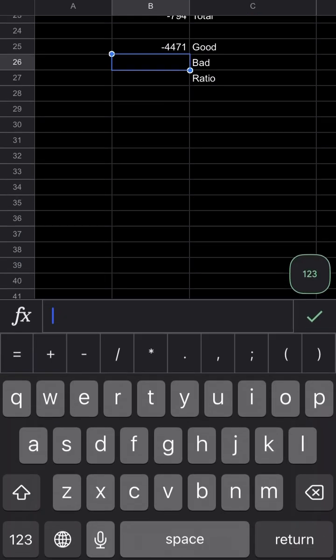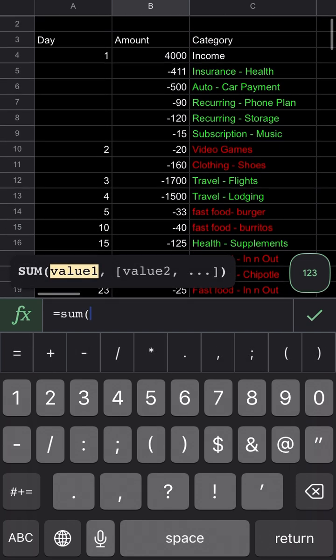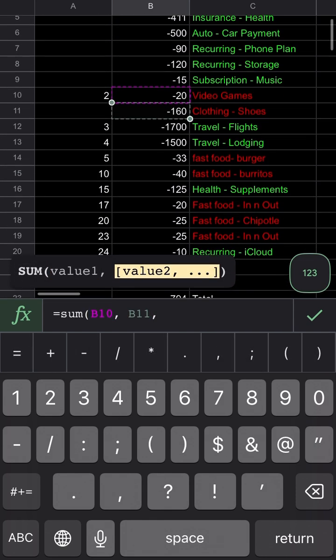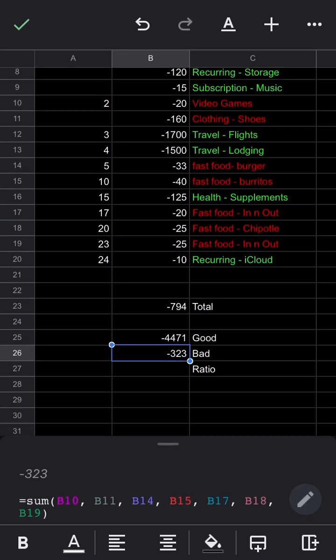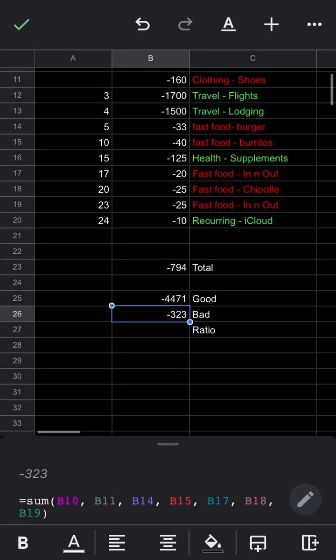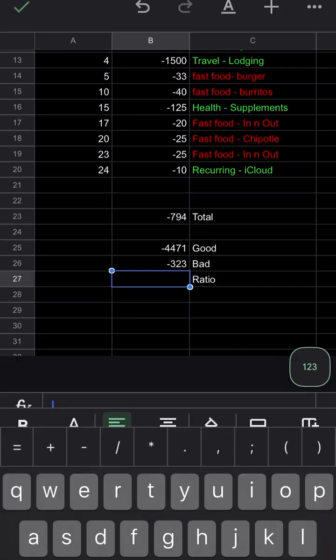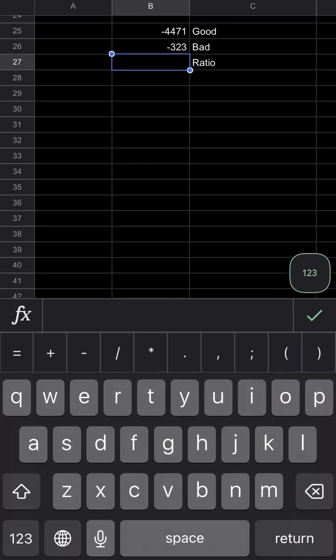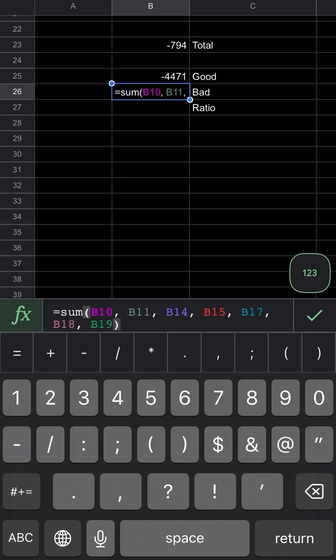I'm going to take the sum of all the purchases that I thought I don't need, the bad. I spent $323 on bad things, and now what I'm going to do is divide the bad by the good.